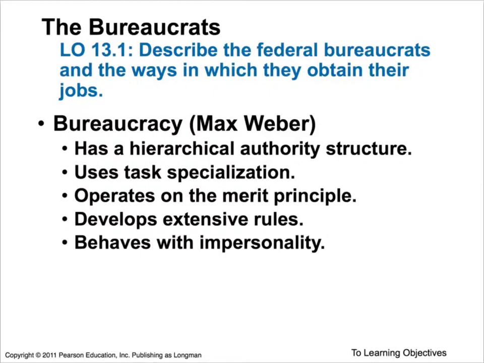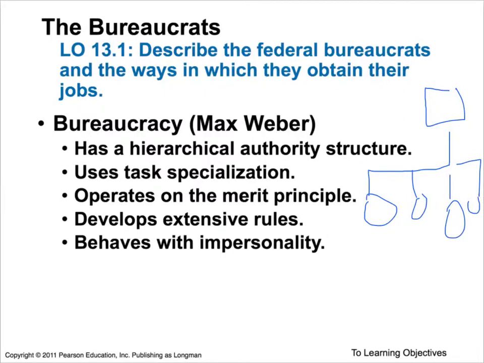So, what you've got generally is one box here, and then several other little boxes, and this is how you usually know that you have a hierarchy, because somebody reports to somebody else, and you have a downward structure of authority. Those at the top have more authority than those at the bottom, and usually responsibility is supposed to be shared at the top, but oftentimes gets pushed down to the bottom.